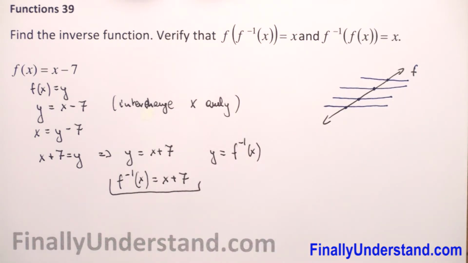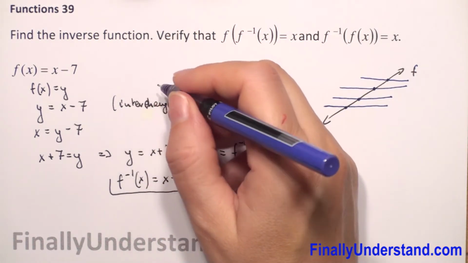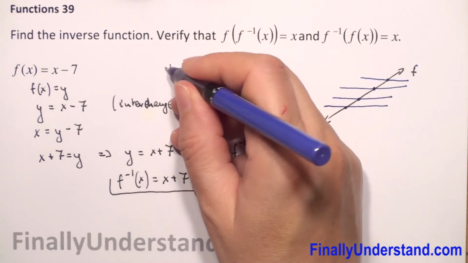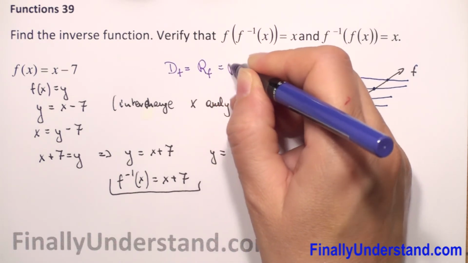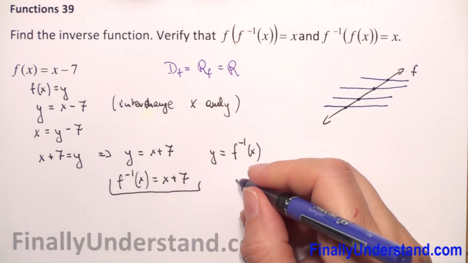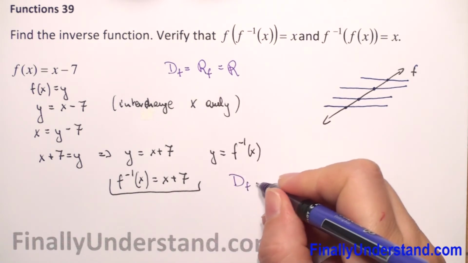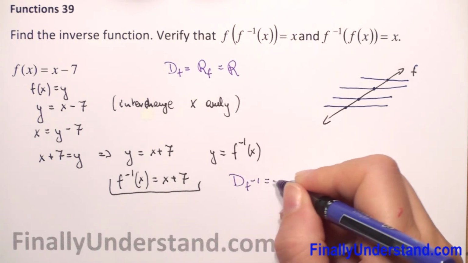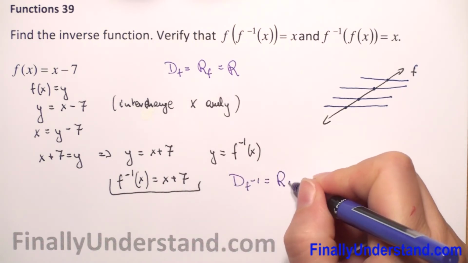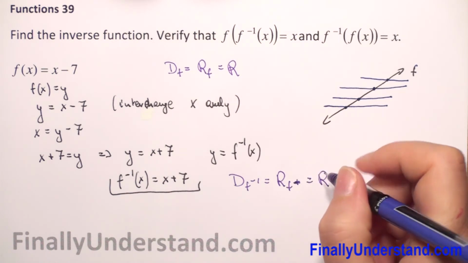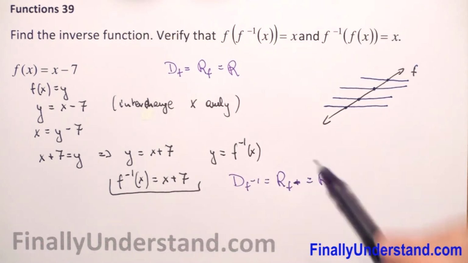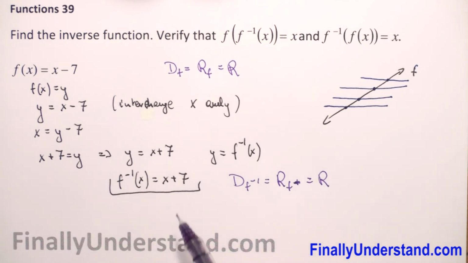So the domain and the range of the f function are all real numbers, and the domain and the range of the inverse function are also all real numbers, because the inverse is also a linear function. So the domain and the range are all real numbers.